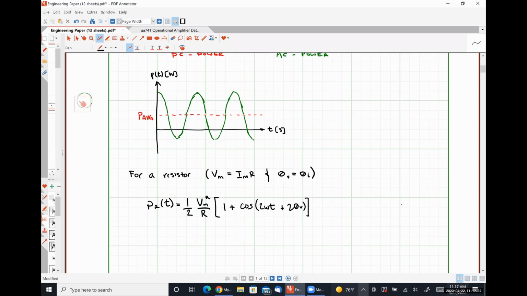Using the opposite relationships, we can express everything only in terms of the current, which would give us 1/2 Im squared times R times a factor of 1 plus cosine twice omega t plus twice theta I. Based on these expressions, what is the average power absorbed by the resistor going to look like?